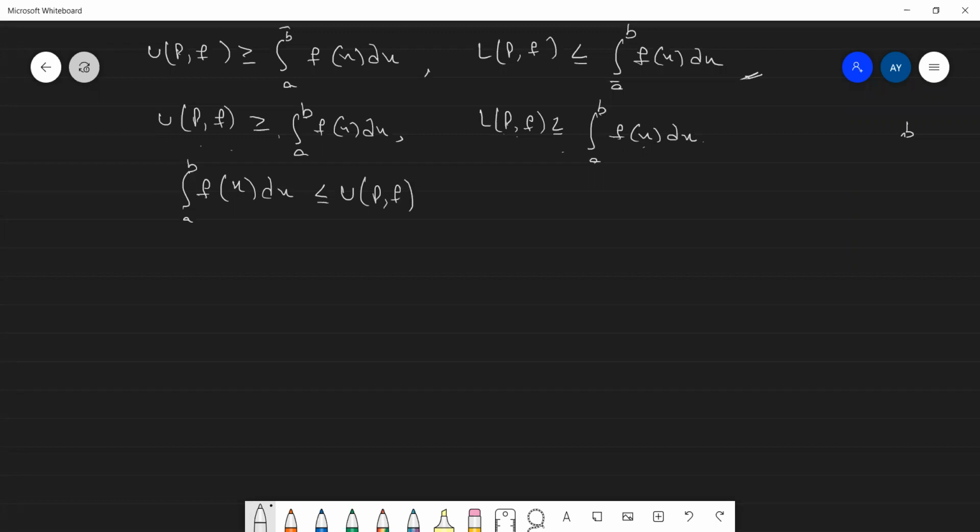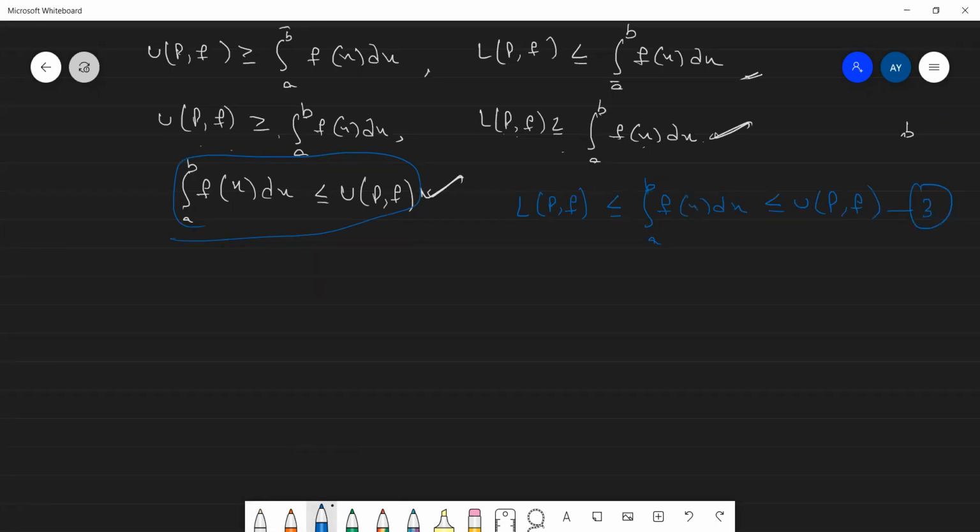So from this and from this one, what can you conclude? You can write it as LPF is less than or equal to the integral a to b f of x dx. What is the integral a to b f of x dx? This is less than or equal to UPF. Am I clear till here? Let this be equation 3 or relation 3.